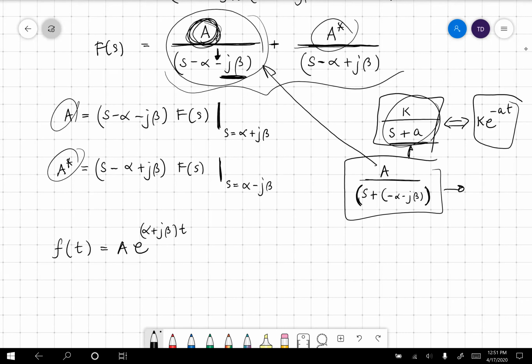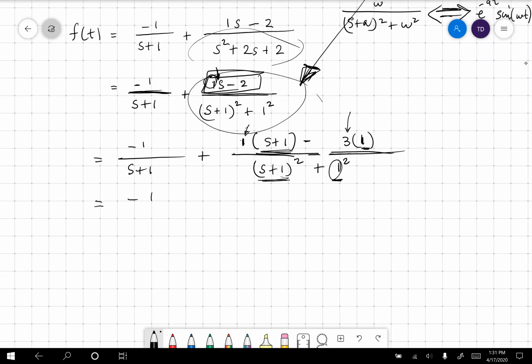All of this equals minus 1 over s plus 1, plus (s plus 1) over (s plus 1) squared plus 1 squared, and then minus 3 times 1 over (s plus 1) squared plus 1 squared. Now I recognize everything.